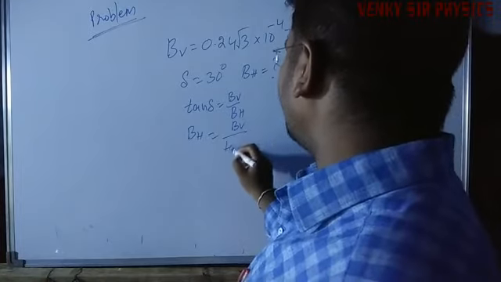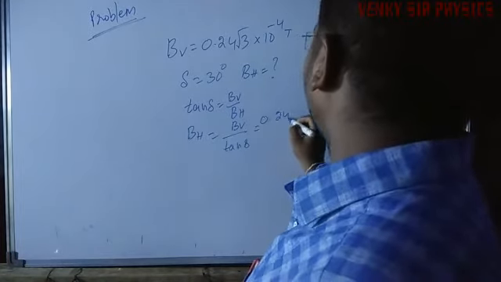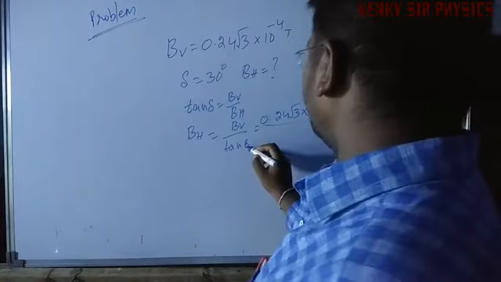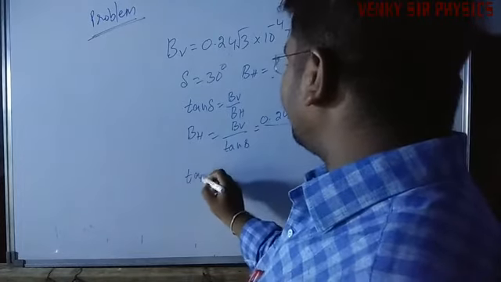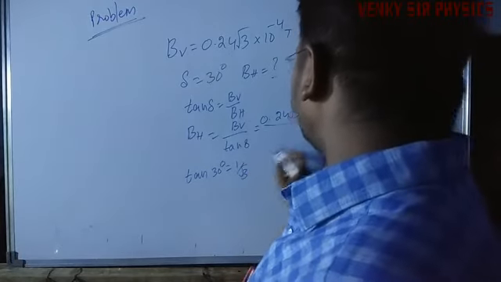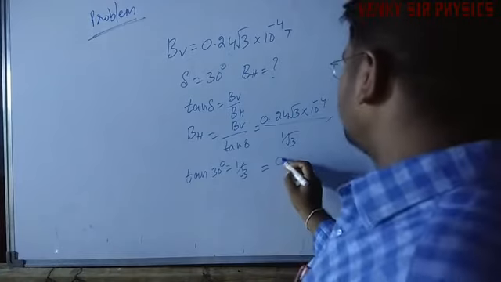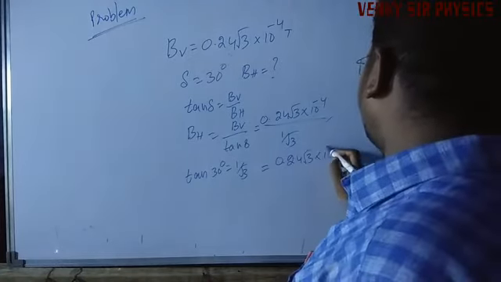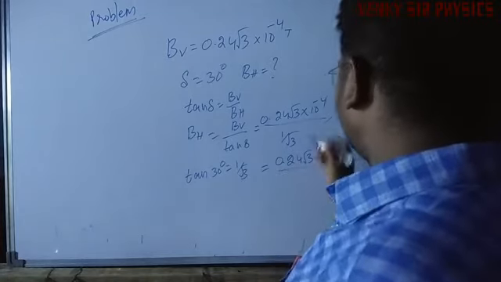BV by tan delta. So what is BV? 0.24 into root 3 into 10 power minus 4. Very good. Okay. Tan 30 degrees is equal to 1 by root 3. Rearrange this: 0.24 into root 3 into 10 power minus 4 into root 3 by 1. This fraction reverses.